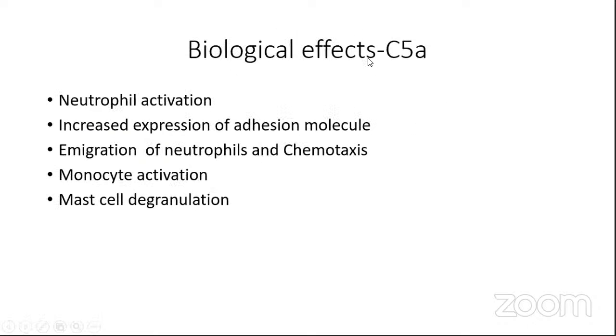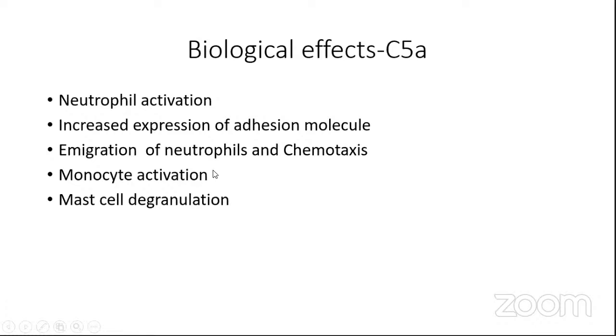One specific mention about C5a: it causes neutrophil activation, increased expression of adhesion molecules, immigration of neutrophils, and chemotaxis. Chemotaxis is attracting the cells to the site, and monocyte activation, and mast cell degranulation.